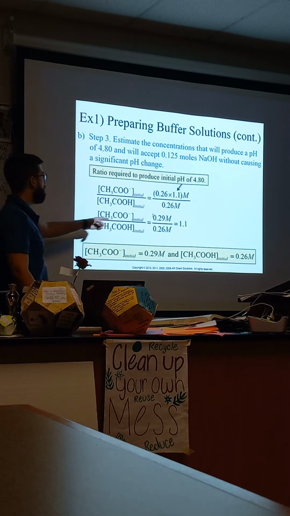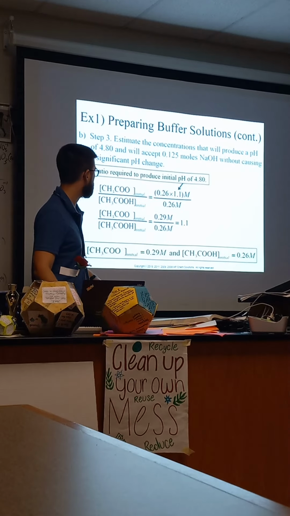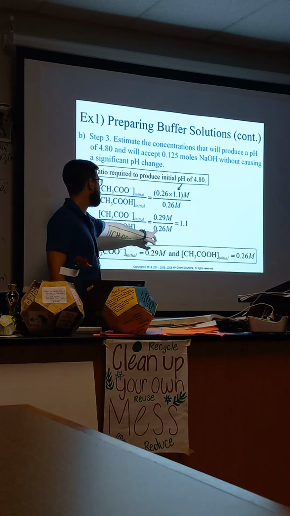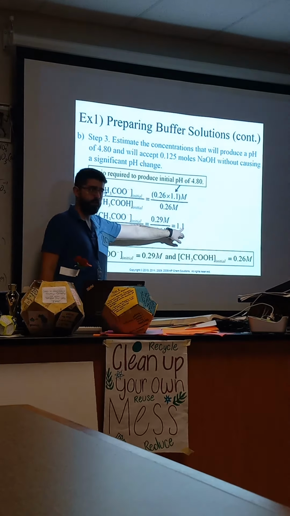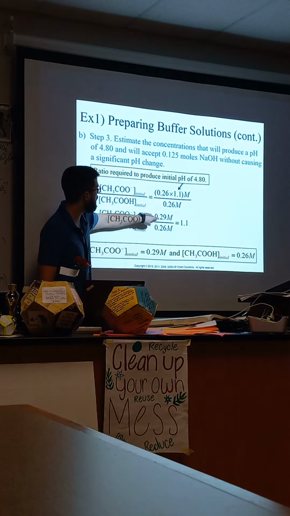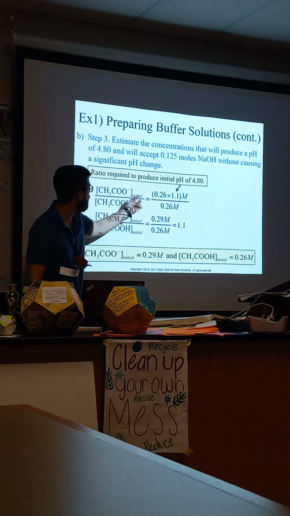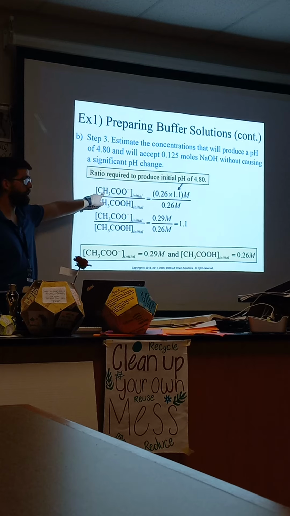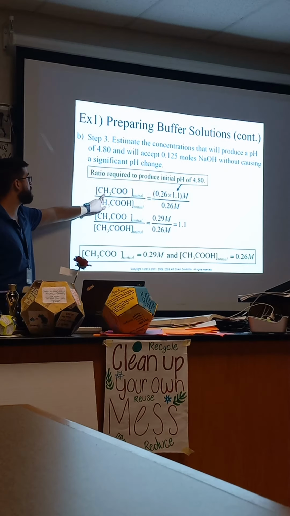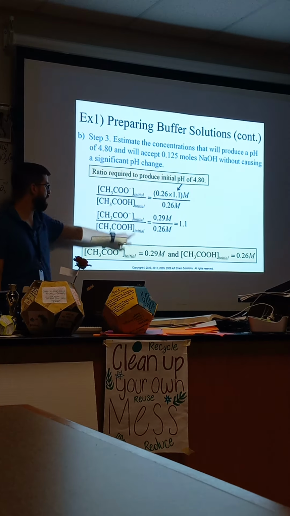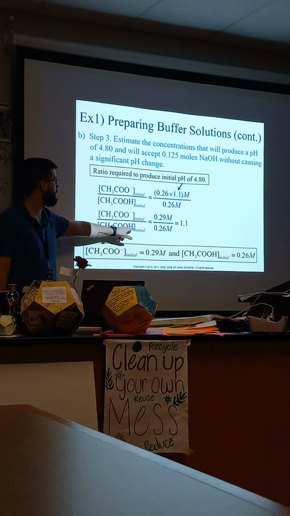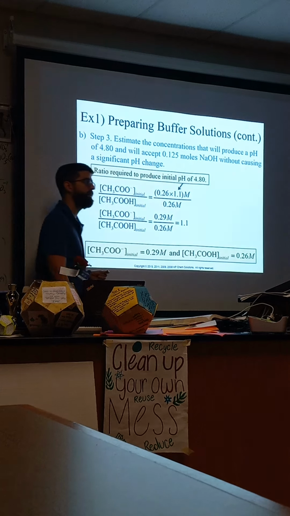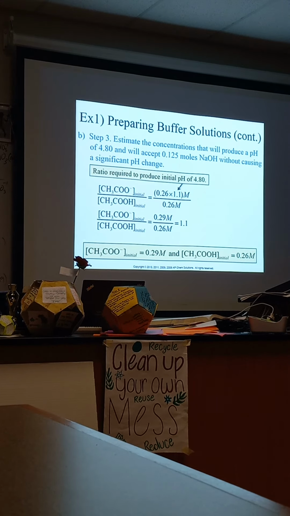That'll give us 0.29 over 0.26, which we can confirm right here. Does this match what we had, 1.1? So that means we need 0.29. What goes on top, guys? The A minus, which is CH3COO minus, is going to be 0.29. And the bottom one, CH3COOH, is going to be this 0.26. That's how we find the concentrations of those two that we need.